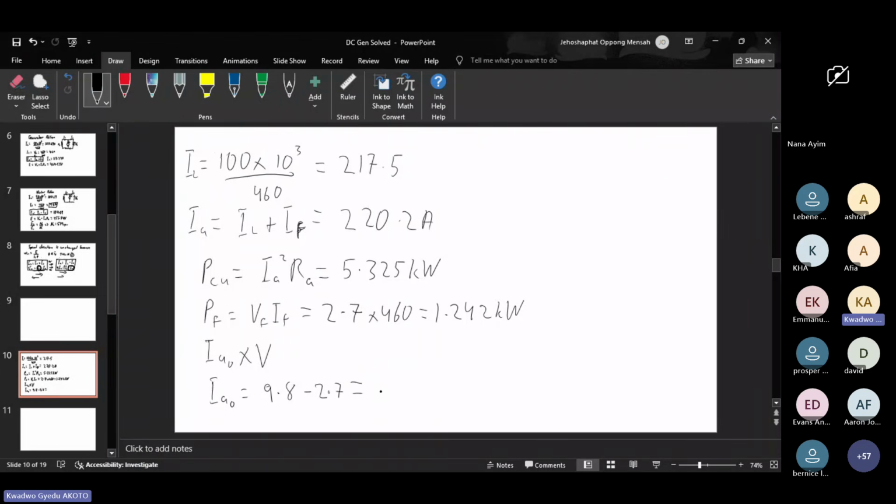So our no load armature current will be 7.1 amps, right?